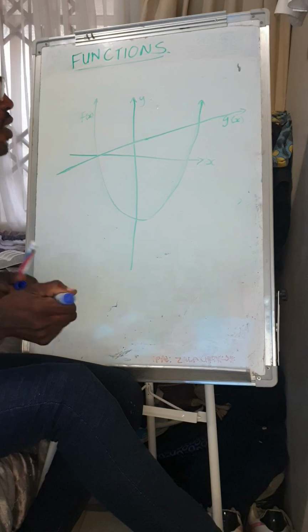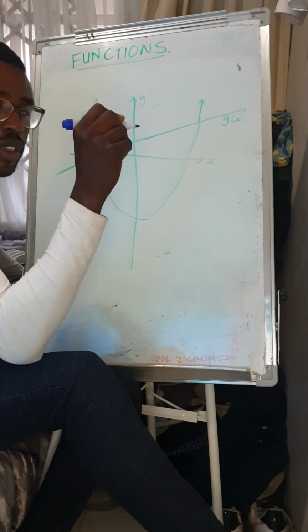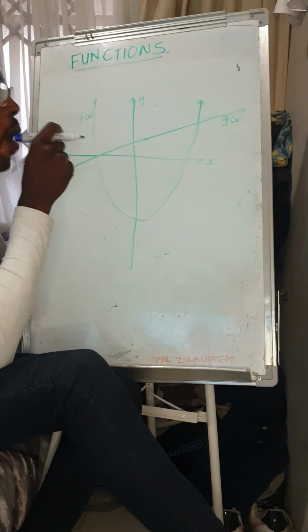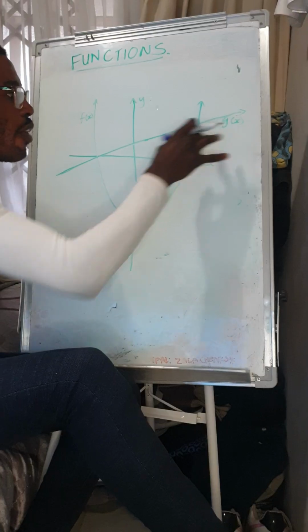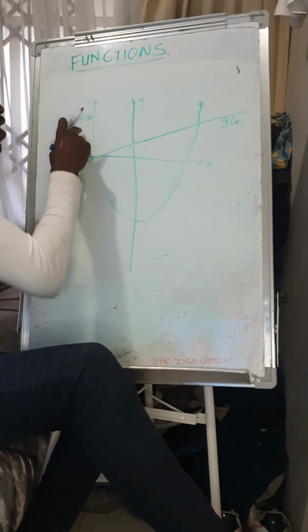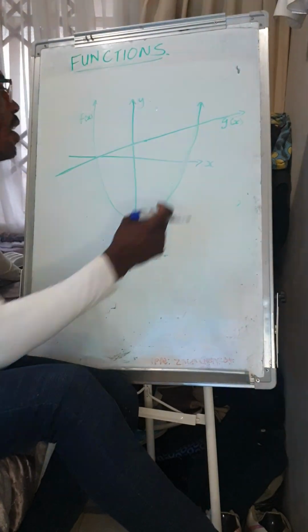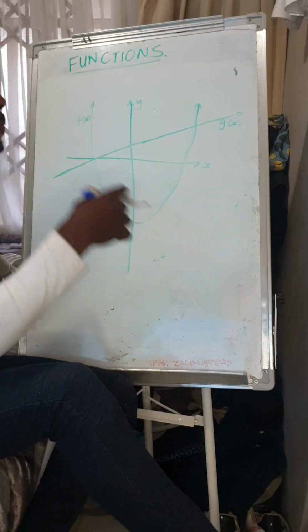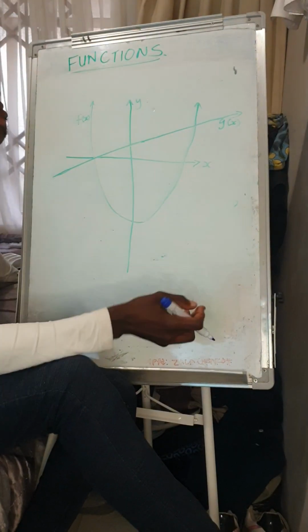Sometimes something like that. So the question is actually asking, where is g of x greater than f of x, or where is g of x bigger than or above?